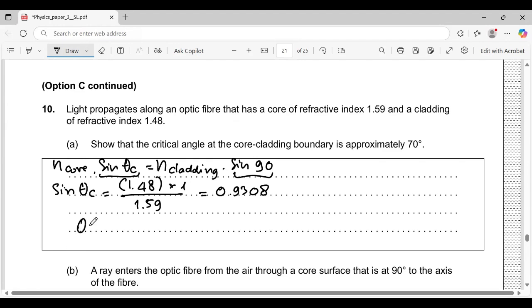So it means theta C equals arc sine, or sine to the power minus 1, of 0.9308, equals 68.6 degrees or 69 degrees. This number is approximately 70. Okay.